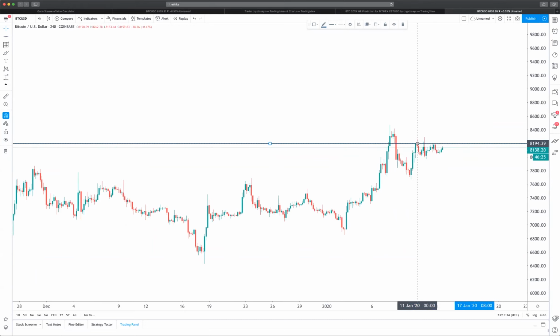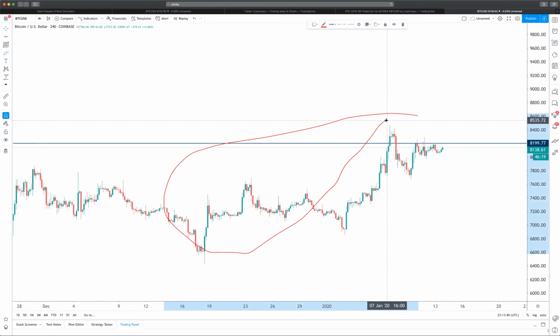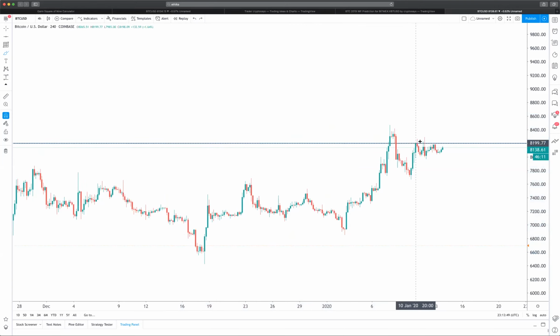But I know that the actual mathematical level pertinent to this movement right here is 8200. You can clearly see what has happened in the past few days. See a reaction here, and a reaction here. That's the strongest level. But we knew that beforehand, and that's what's great about it.